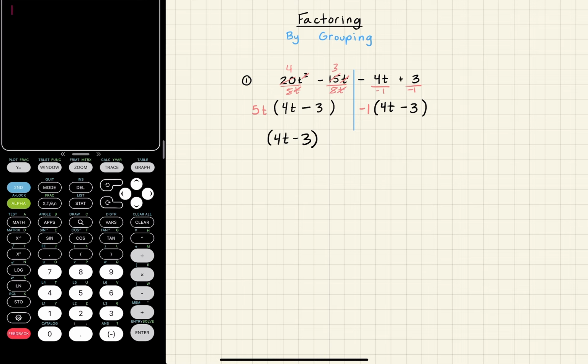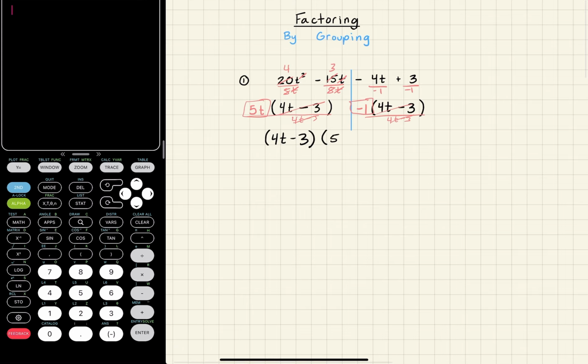So if we pull that out, what's left over? Well, we can see those terms will cancel, and we're left with the 5t and the minus 1. So that's going to be our other factor. And that will be our final answer.